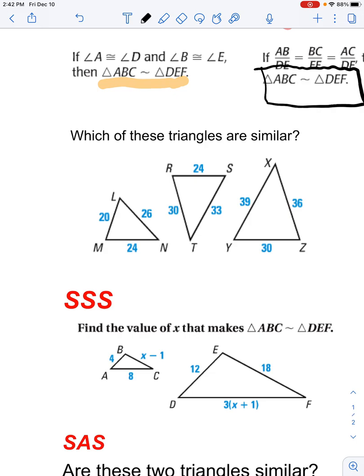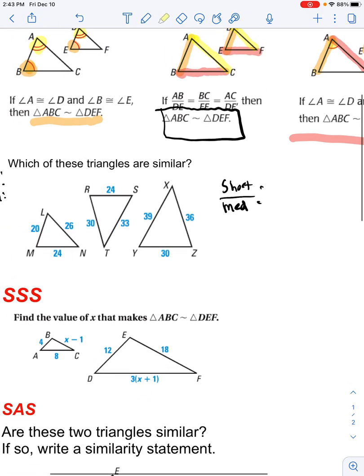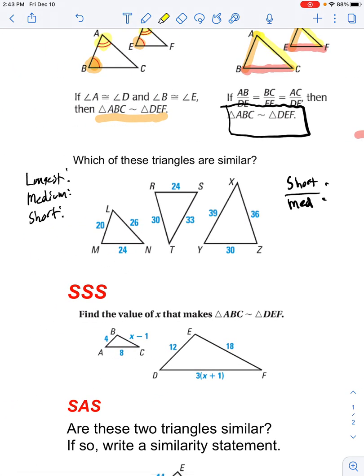Looking at this, I have all these different numbers, and I'm going to notice that they're all different. So I'm going to have a longest side, a medium side, and a short side. That's how I'm always going to match them up. Right now I'm going to compare short to medium, finding the proportion of all of these triangles looking at the short side to the medium side.